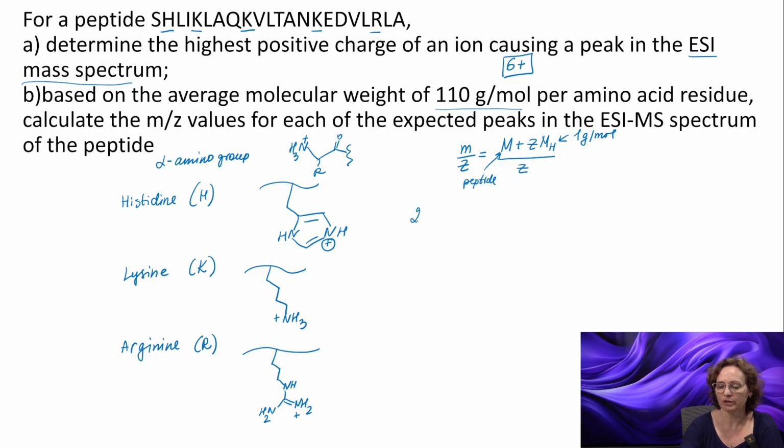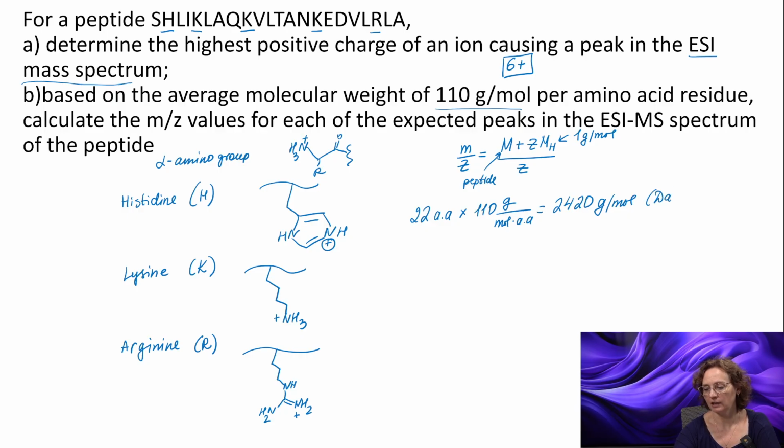So we have 22 amino acids. We multiply by 110 gram per mole per amino acid, and that gives us 2420 gram per mole, right? Or Dalton, as we call it for peptides.